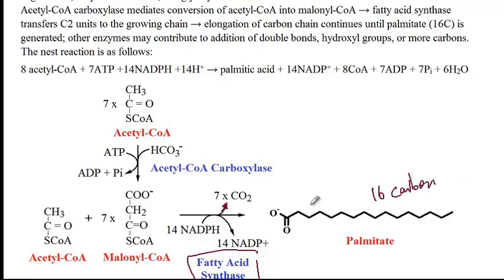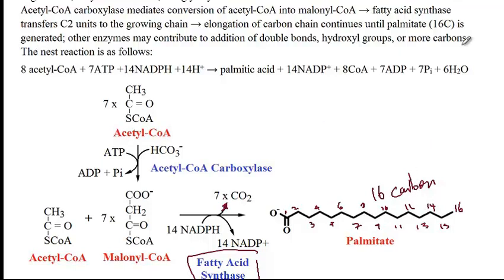16-carbon molecule. So let's make sure I got it right: 1, 2, 3, 4, 5, 6, 7, 8, 9, 10, 11, 12, 13, 14, 15, and 16.